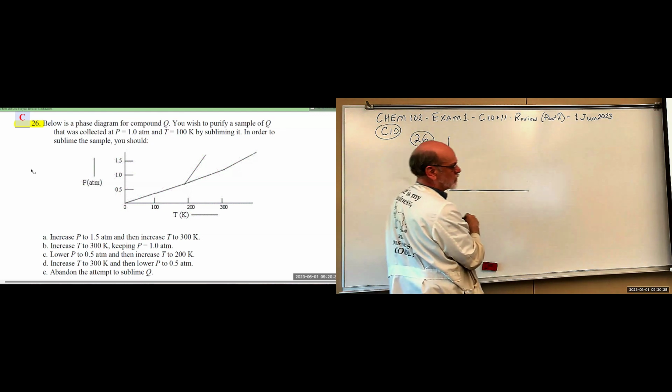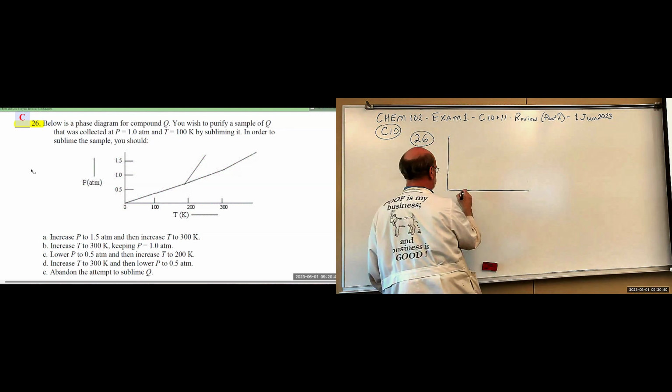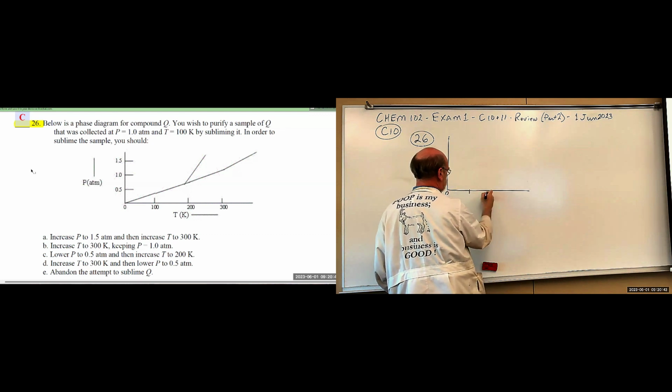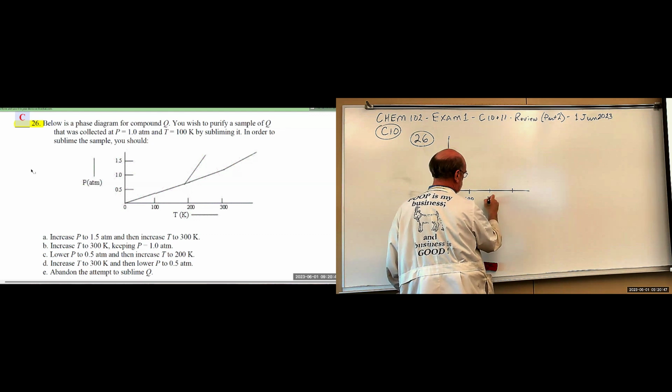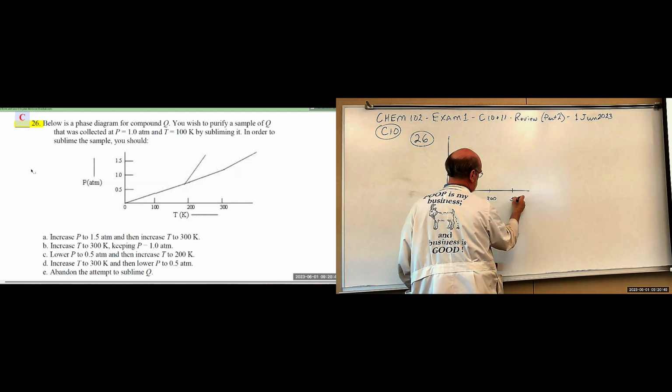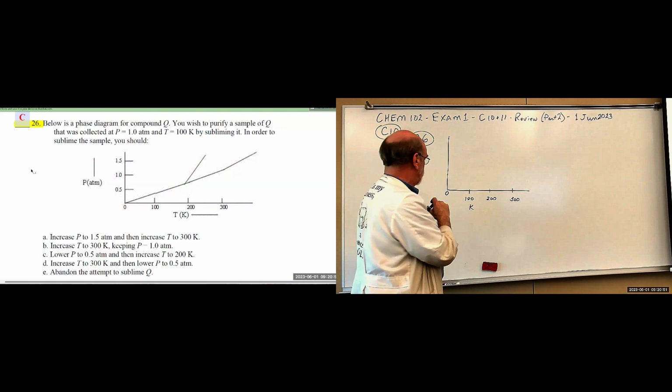Right, so we got 0, 100, 200, and 300. There's 0, 100, 200, 300 K. Right? Yeah, temperature in K.